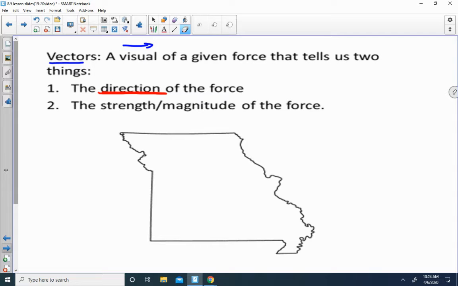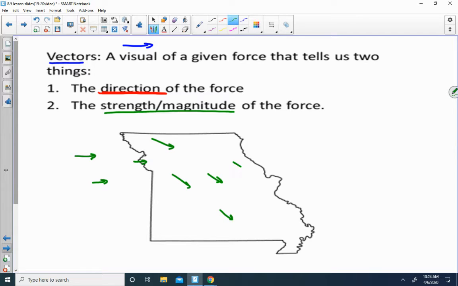But another thing we've got to talk about is that vectors tell us the strength or magnitude of our force. For example, let's say we had a bunch of itty-bitty arrows. Not really concerned about direction, just look at the itty-bitty arrows.